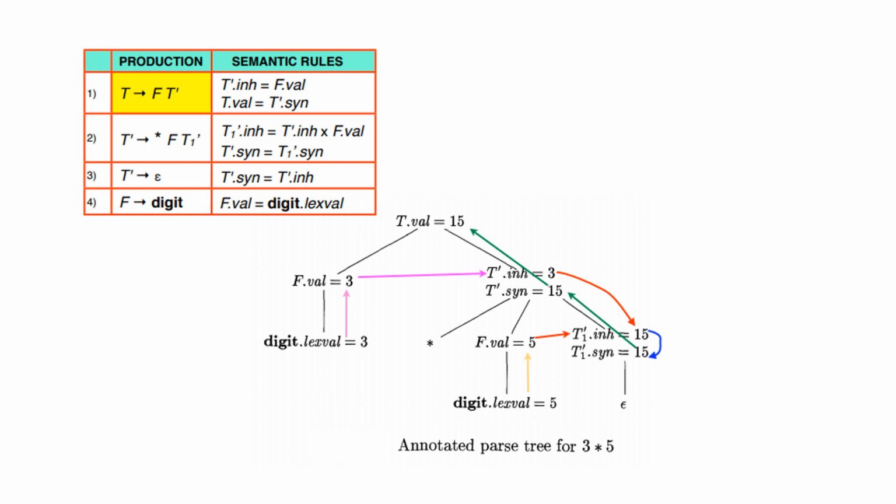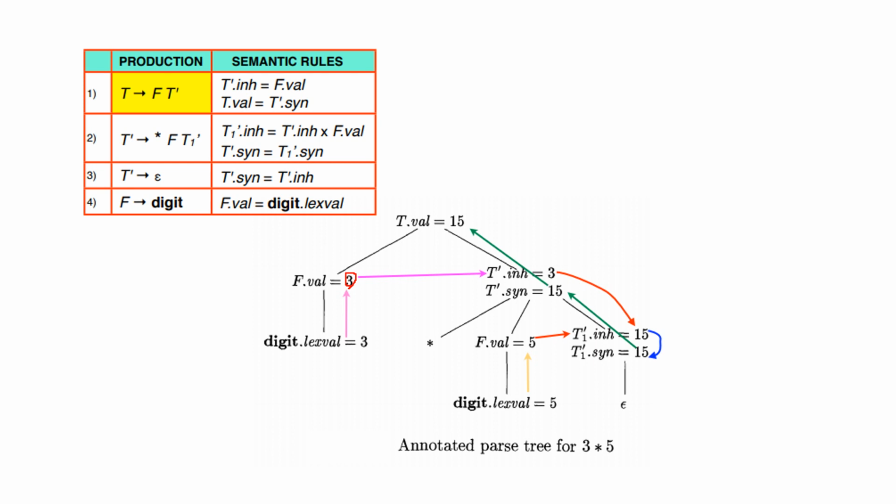What does inherit represent? Inherit represents taking the value from the siblings. Who is the sibling of T1? F.val is the sibling of T1. So 3 is assigned to T1.inherit, and afterwards T1.inherit is assigned here.